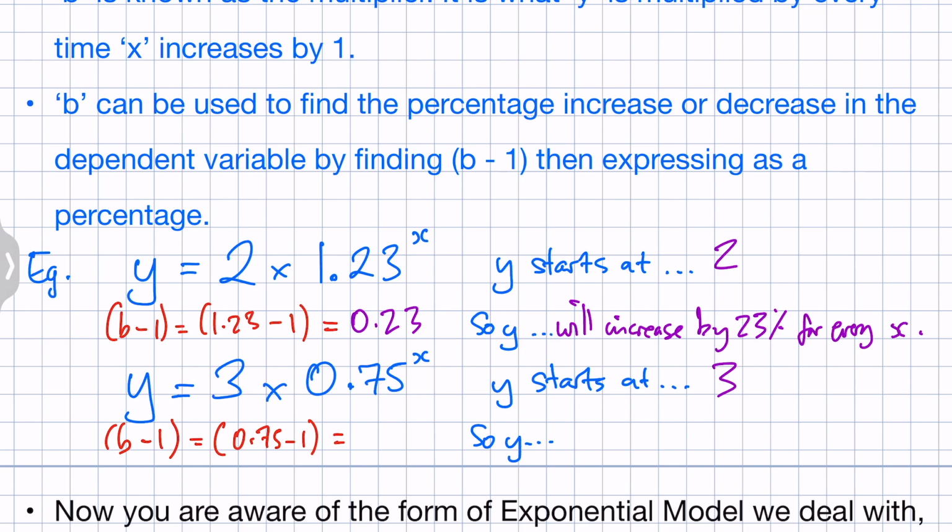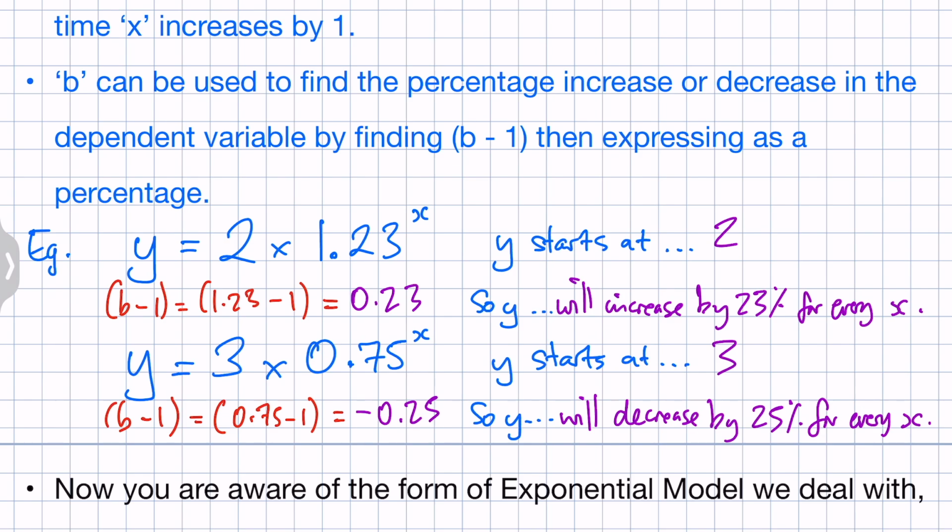It's going to be negative 0.25. So y is going to increase this time or decrease? Good. It's going to decrease by 25% for every x.